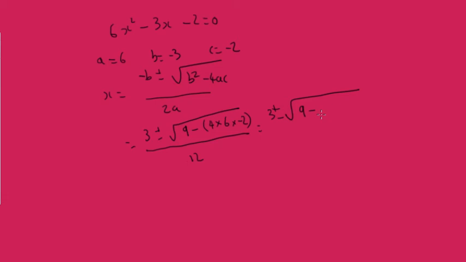So 4 times 6 times minus 2 is going to give us minus 48, over 12. Now 9 minus minus 48 is going to be 9 plus 48, which is 57, so it's going to be 3 plus or minus the square root of 57, over 12.